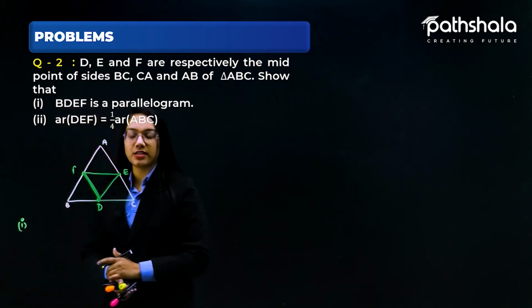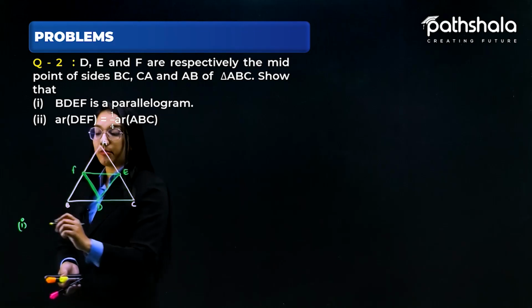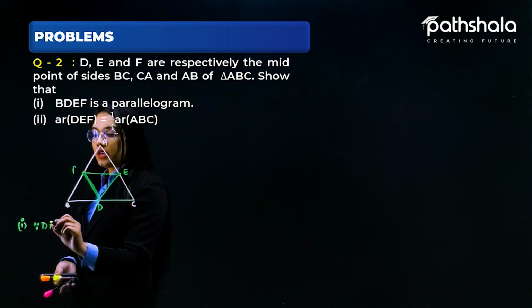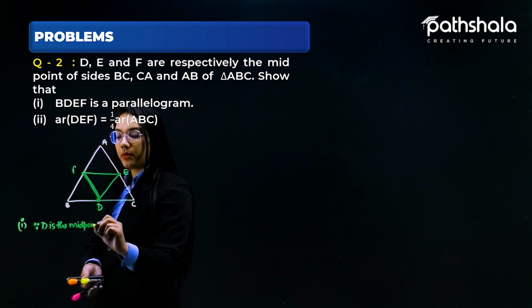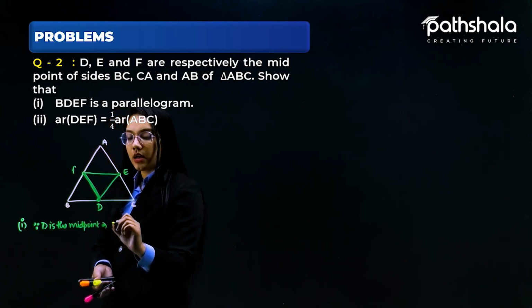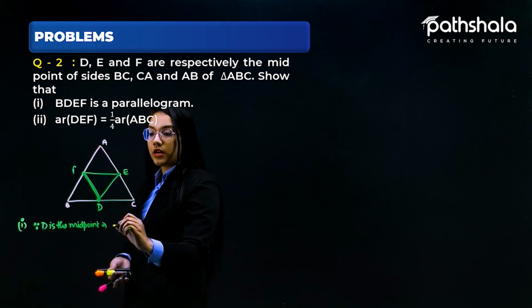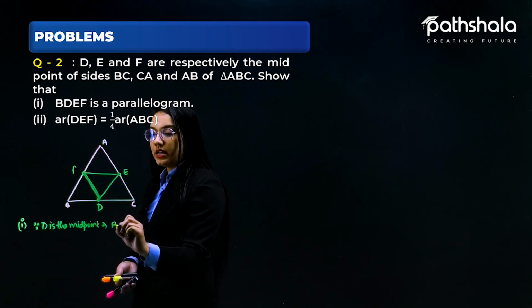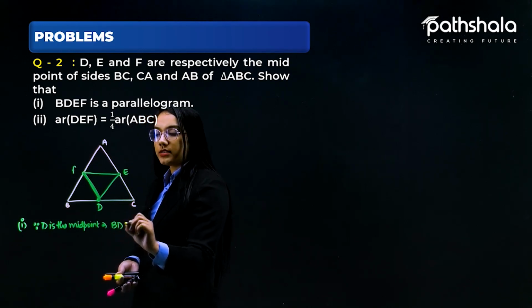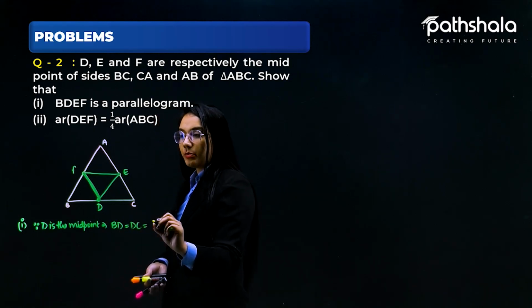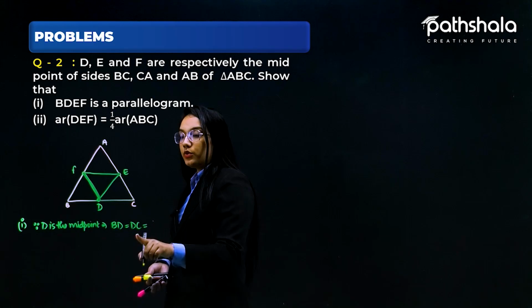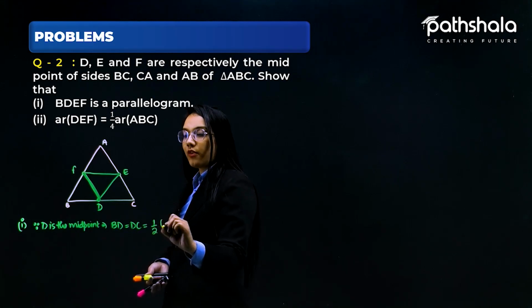Since we can see over here that D is the midpoint, it implies that we can write BD is equal to DC, which is half of BC.